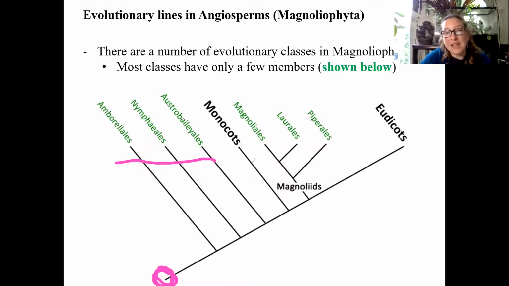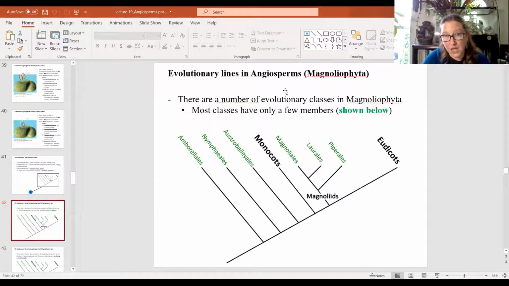But monocots and dicots are still very good distinctions for discussing plants. They do have these things. Basal angiosperms definitely make the angiosperms in general more complicated, but that's why we don't really talk about them in this class. Yeah, good questions though, Catherine.